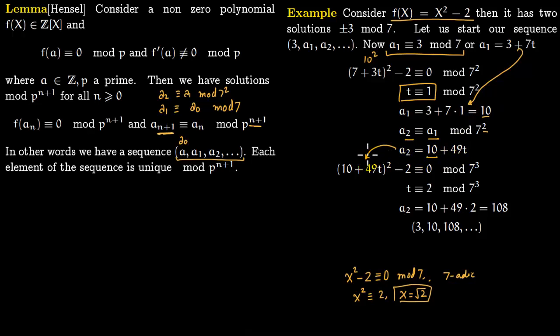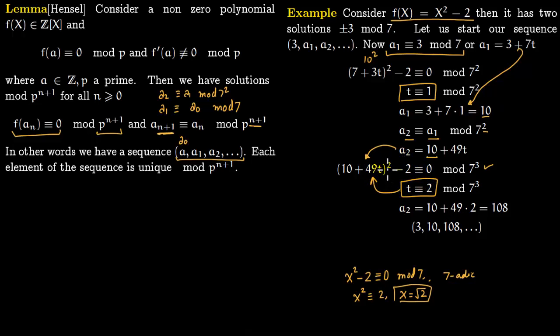Again plug this into our equation, which is x square minus 2. Instead of x, we are plugging in a2 because you want this modulo p^(n+1). So now you have cubed here, and t equals 2 satisfies such an equation. So notice you're working square here, you're working cubed here.